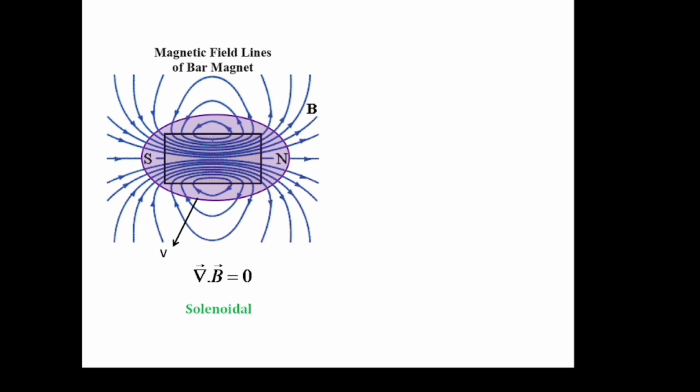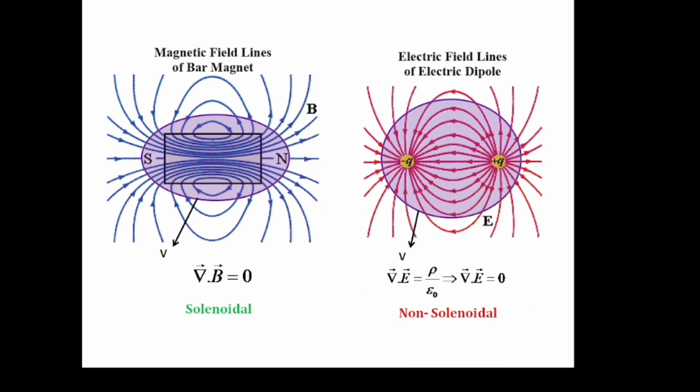Now there is another important concept, that del dot B is always 0 because magnetic monopole doesn't exist. So B vector is called a solenoidal vector, the magnetic field vector, whereas for electric lines of force, electric monopoles exist. That means minus q and plus q, they exist. So when there is a minus q only, then it can be negative divergence.